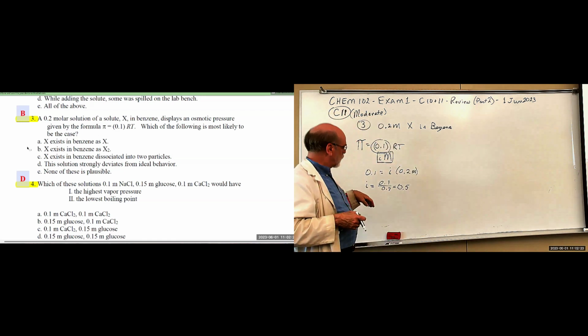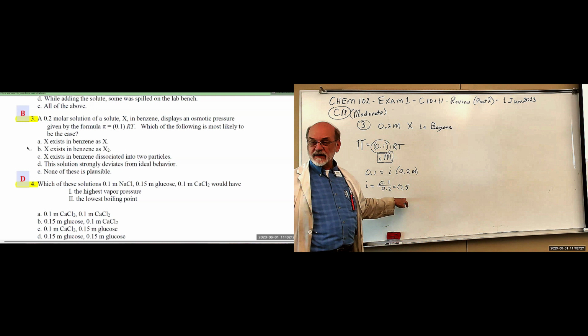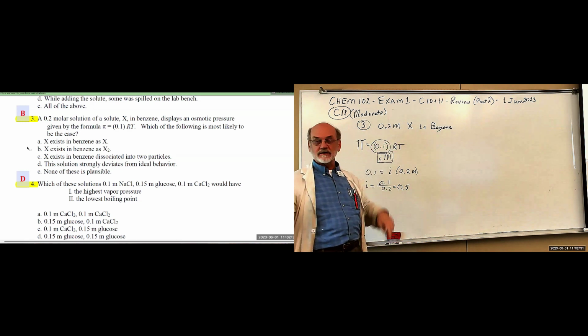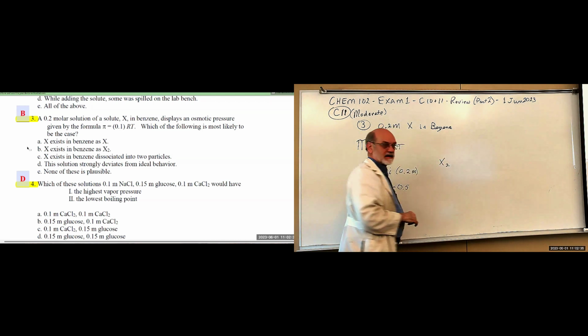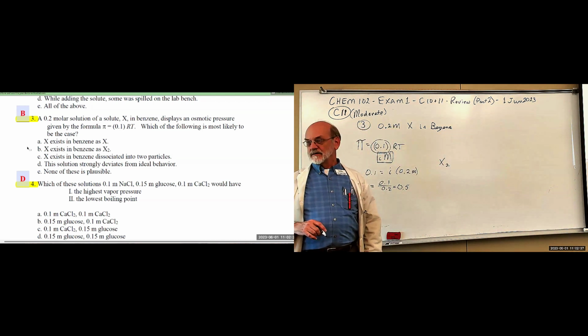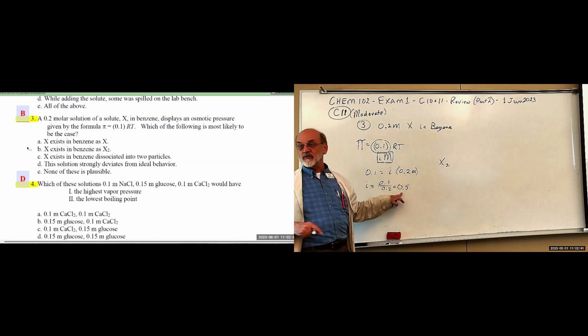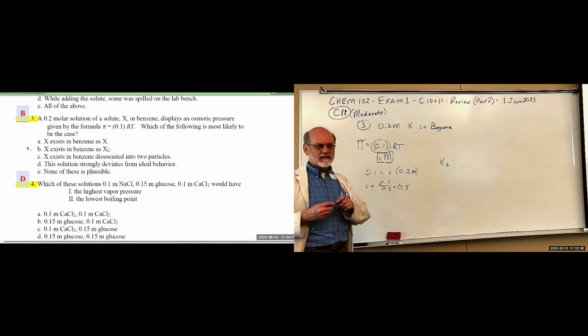But this works the other direction. 0.5 implies that when this X goes into solution, one X bonds with another X. It reduces i rather than increases it. Everybody see that?